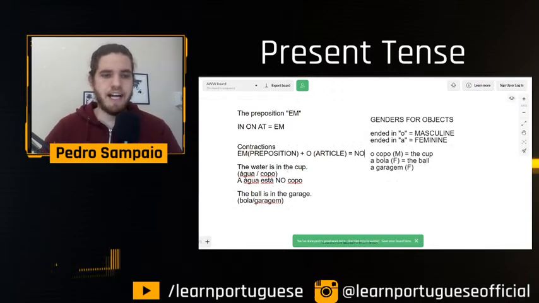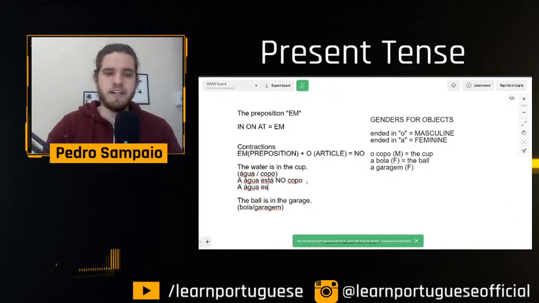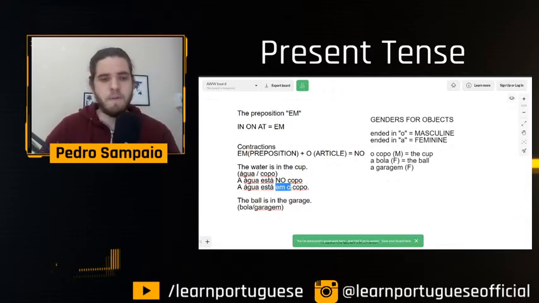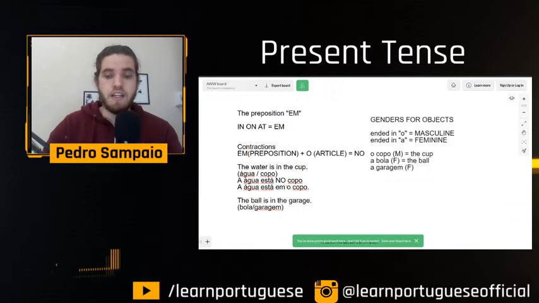So if we say a água está no copo, can we say a água está em o copo, which is the literal translation? Here we just take em o and we contract them. Actually, no, we cannot. We need to say no copo. It's not like English where you can choose to contract or not. In Portuguese, we actually do.